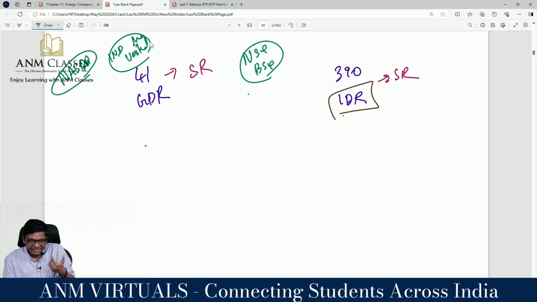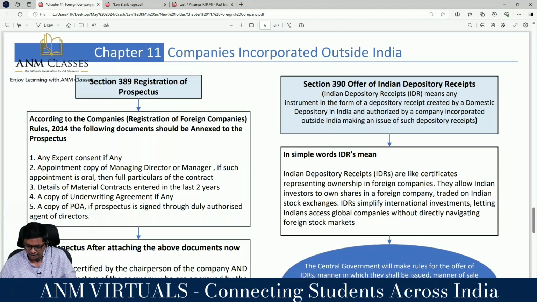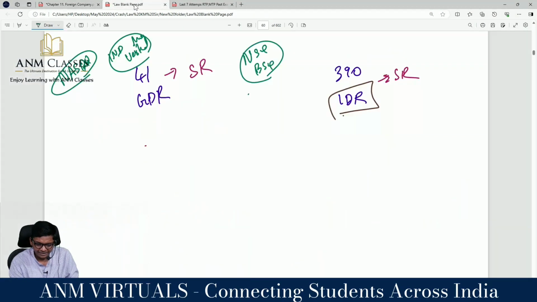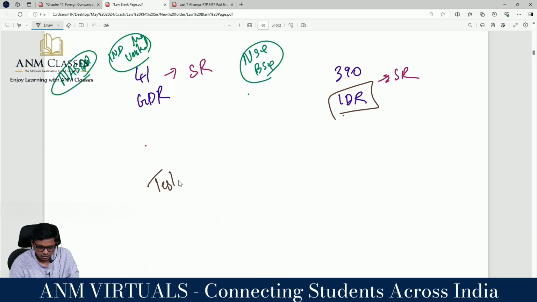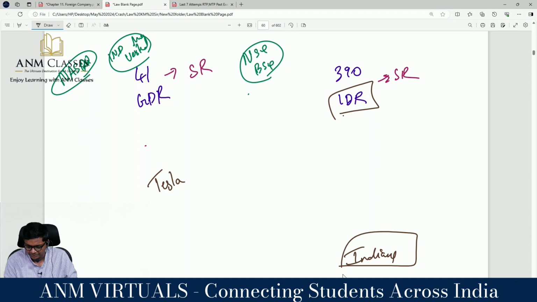But earlier, before this facility came, it used to be through Indian Depository Receipts. What is it? First read what are IDRs. Now, before we read that, I'll give you a simple example. Same Tesla company, if they want to get Indian people to buy, Indians will be here, somewhere here.